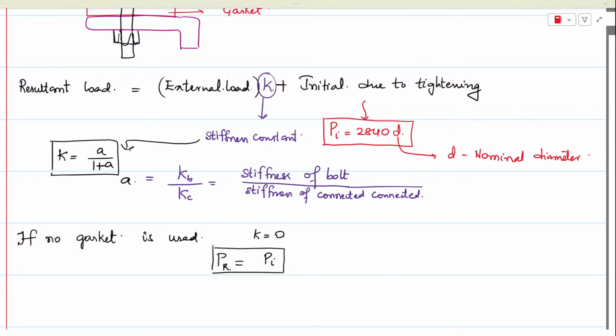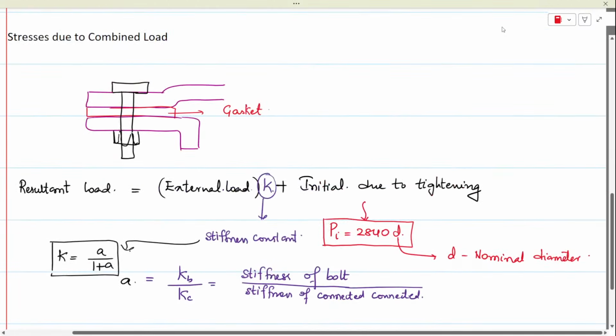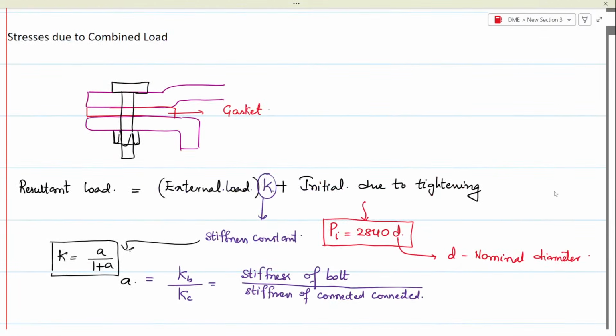Now, the kind of problems you can expect from this topic. Almost every problem involves using the tensile strength equation.